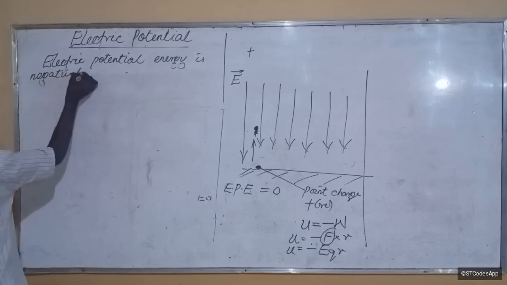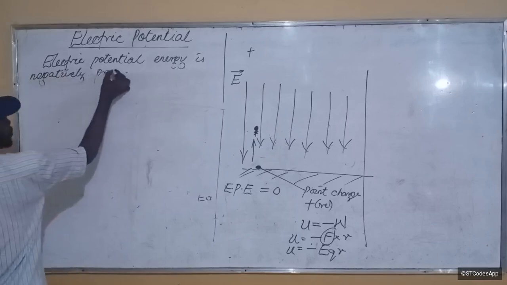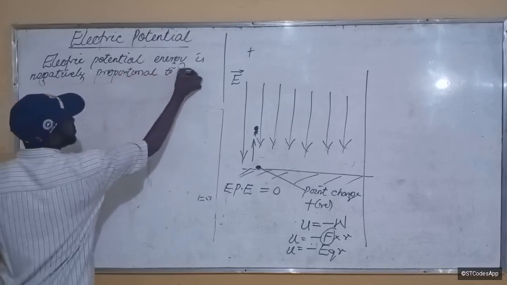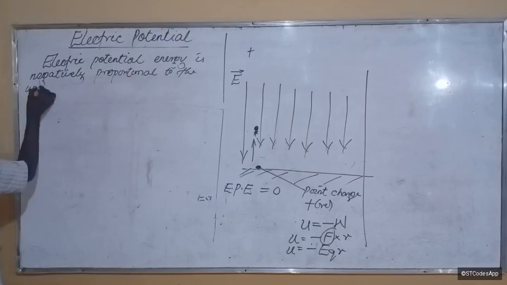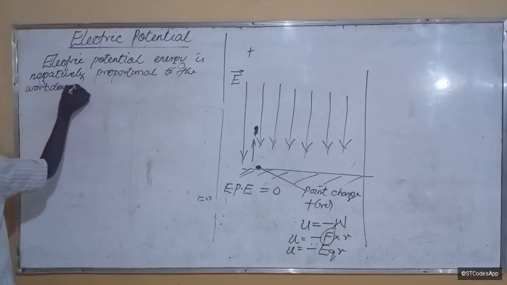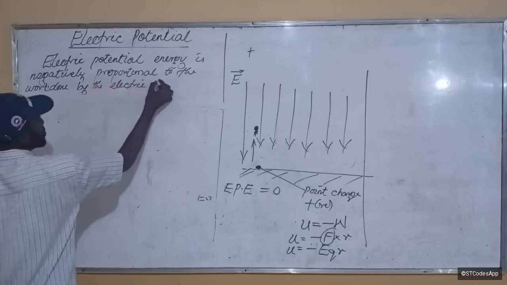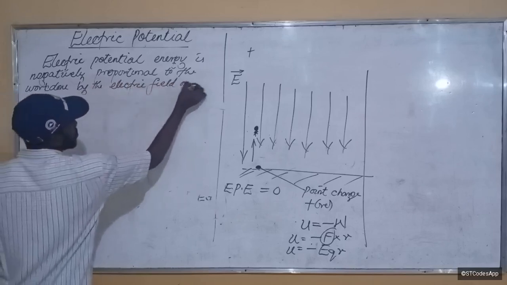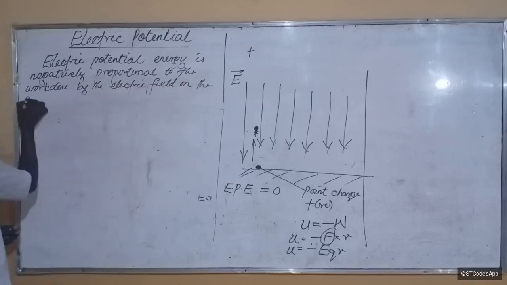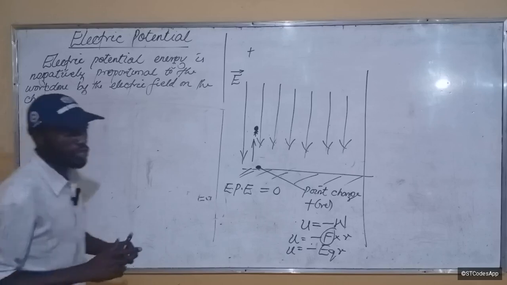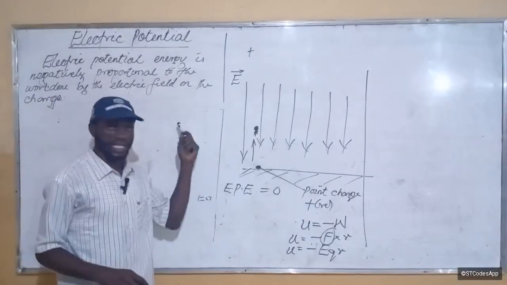The electric potential energy is negatively proportional to the work done by the electric field on the charge. Remember, the electric potential energy is seen in terms of the electric field in this case. Is that clear?